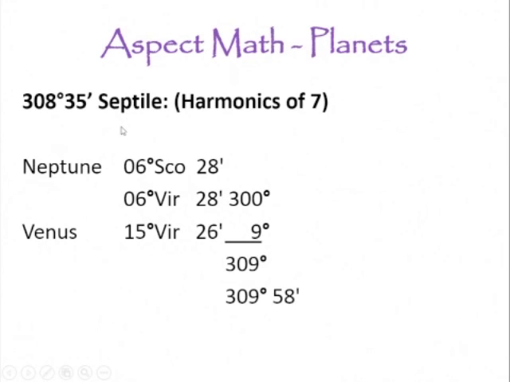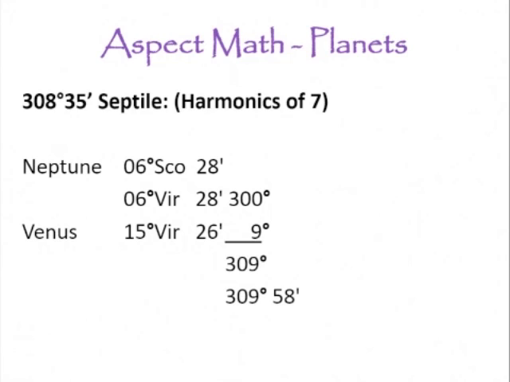And when I had said that evolutionary astrology used wide orbs, anywhere from 5 to 10 degrees on either side, 5 to 10 degrees applying, 5 to 10 degrees separating. When you get to the minor aspects, the harmonics of 7 with the septiles, the harmonics of 5 with the quintiles, when you start to get into those harmonics, you can see a bleed through between aspects when you use orbs that wide.